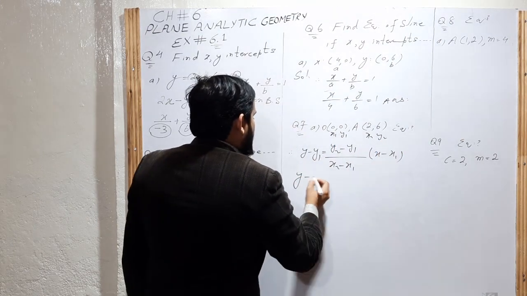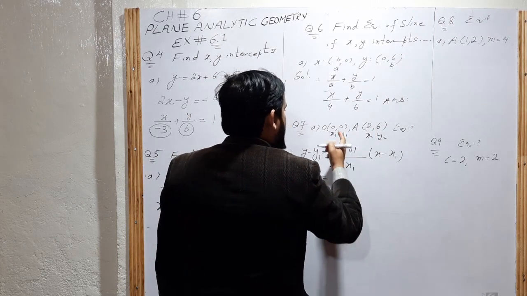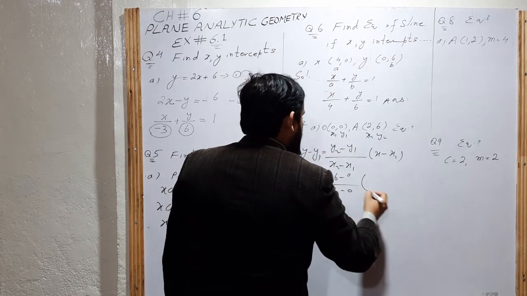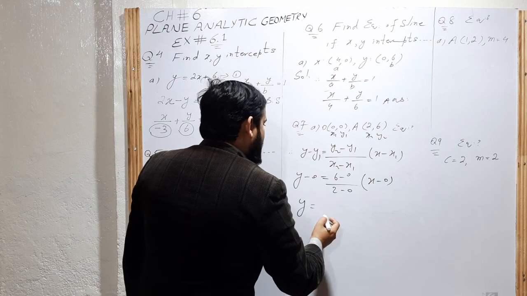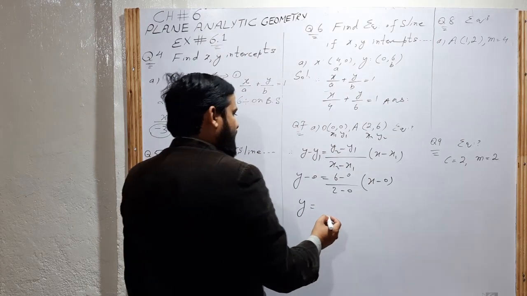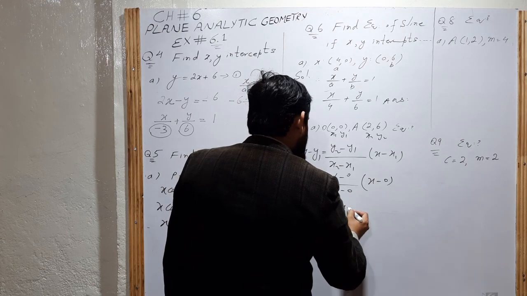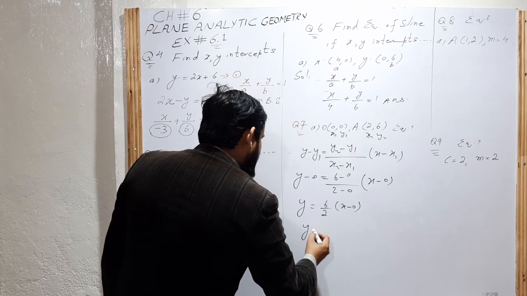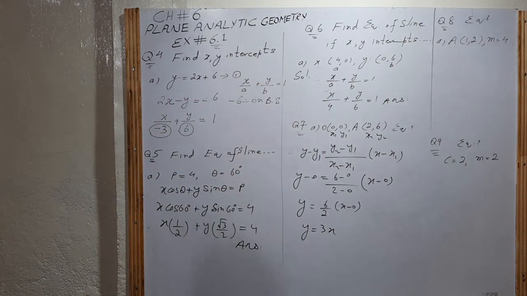In this case y1 is 0, y2 is 6, x1 is 0, x2 is 2. After simplification we have 6 over 2 times x minus 0, so y is equal to 3x. This is the equation of the straight line in this case.